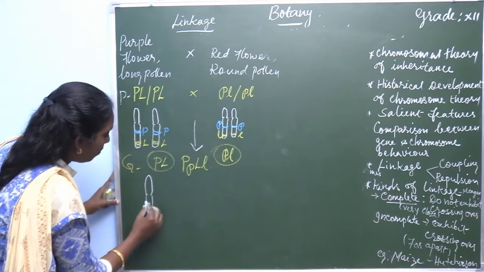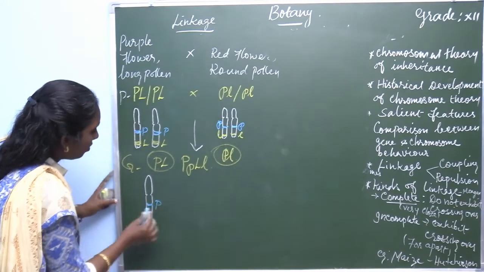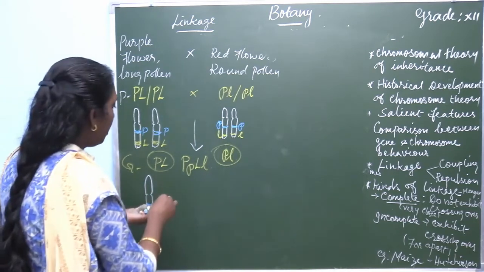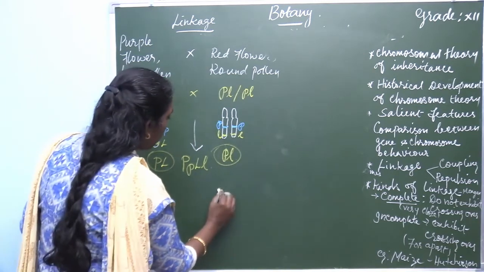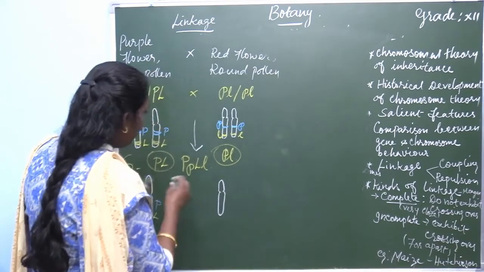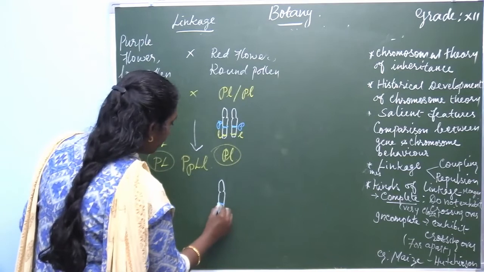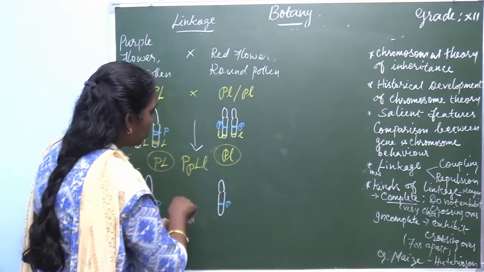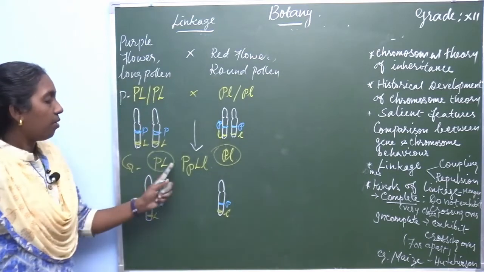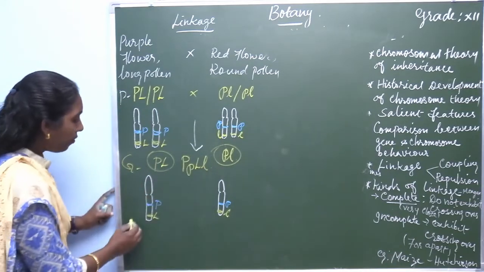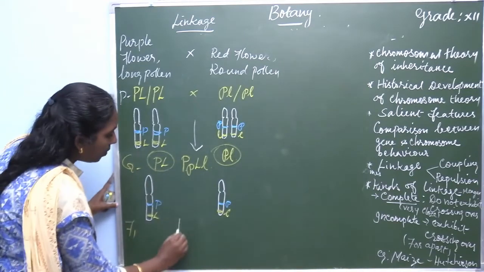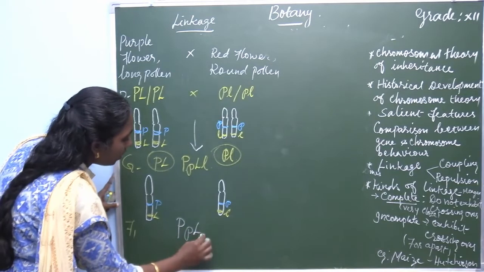Here capital P, capital L, here small p, small l. From these gametes, the F1 generation produces capital P, capital L, small p, small l.